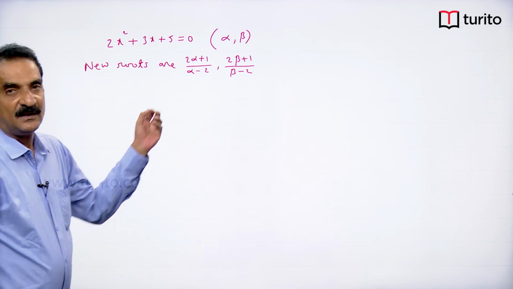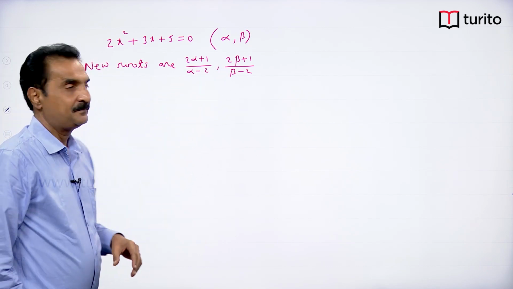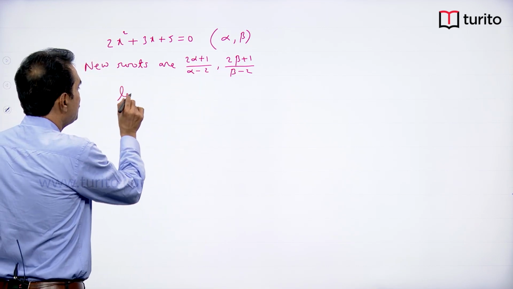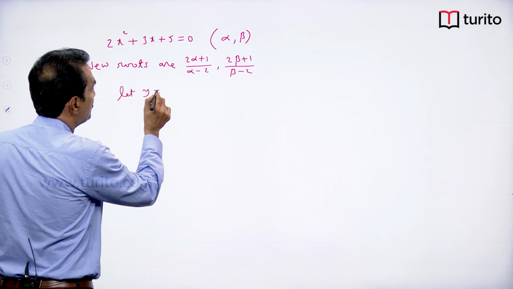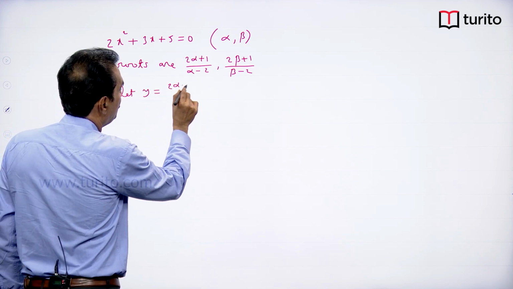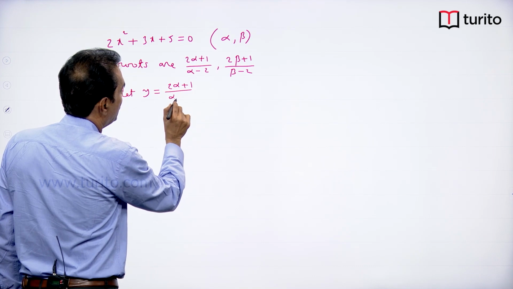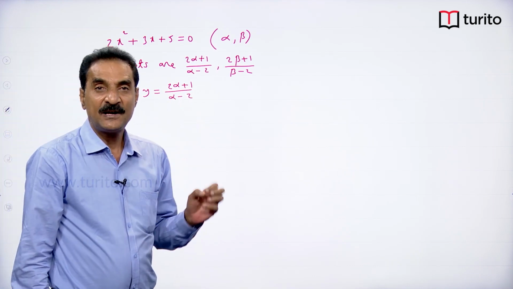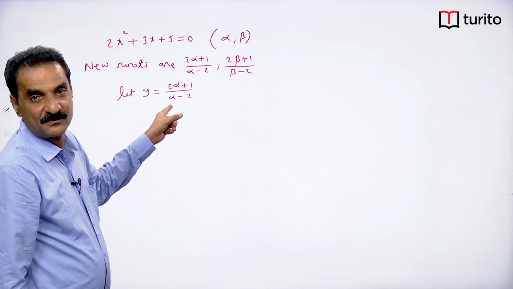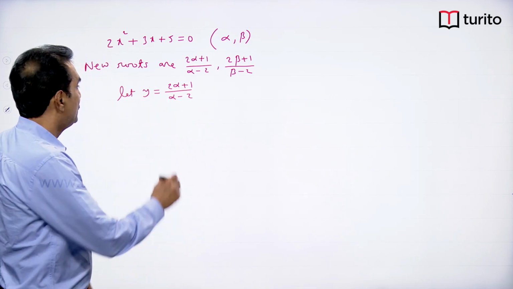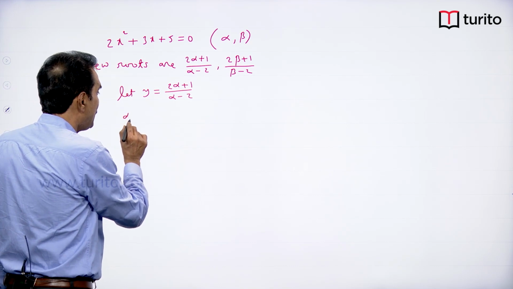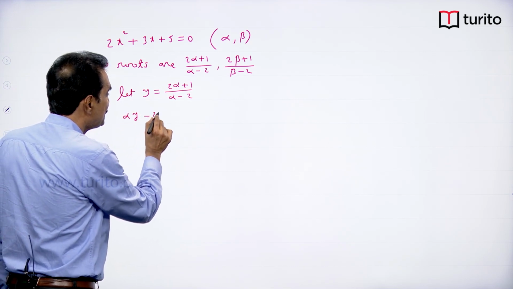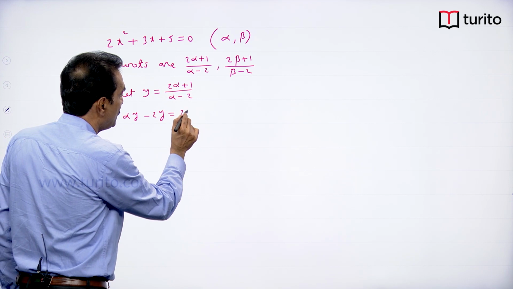I will take any one of the new roots as y. Let y be equal to 2 alpha plus 1 by alpha minus 2. What should I do now? I should calculate the old root from this. Old root means alpha. Cross multiplying, we get alpha y minus 2y is equal to 2 alpha plus 1.